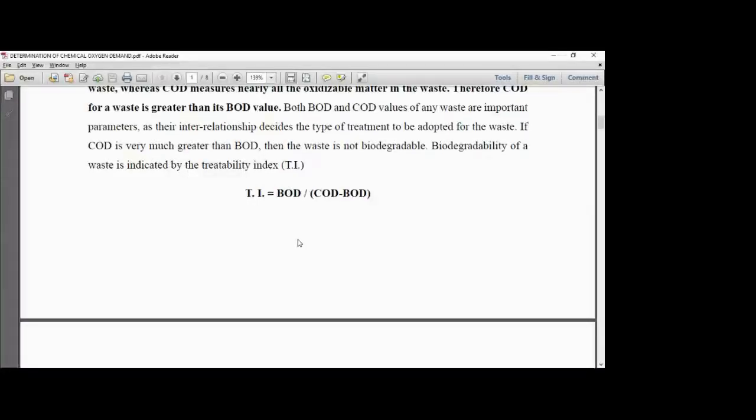So now in that particular case, what should be your answer? You should tell the examiner that, sir, what I will be doing is finding out the BOD value of that sample. I will be finding out the COD value, and depending upon the treatability index, I will be deciding which treatment I will be giving. So whether to go for a biological treatment or a chemical treatment. He'll ask you how, on the basis of TI, you will be deciding.